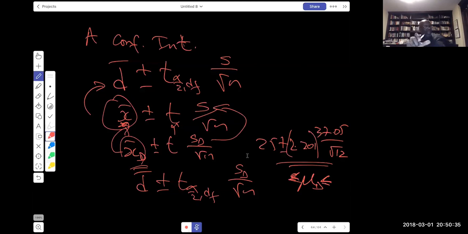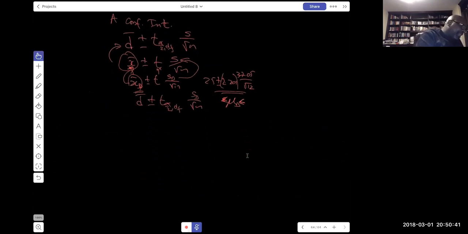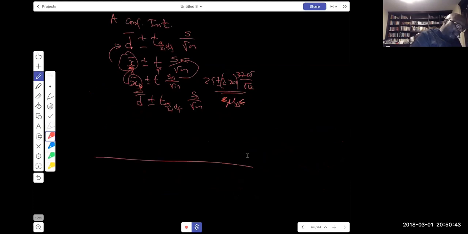I don't know if I could try to make this a little clearer for you as our very last point. Let's put it this way. If I drew a line, and that is the 0 point, that's a positive difference, that's a negative difference. Let's say this line represents where the value of mu1 minus mu2 falls, right?